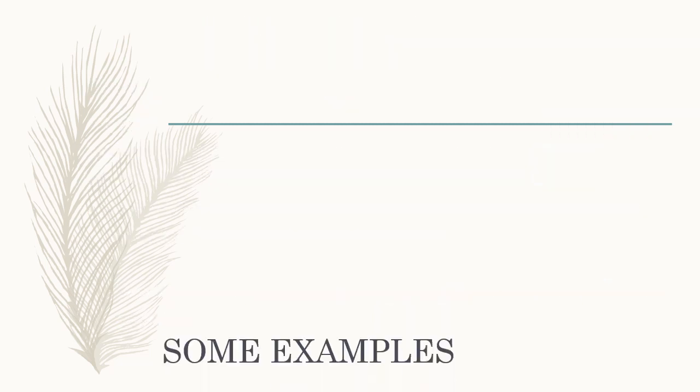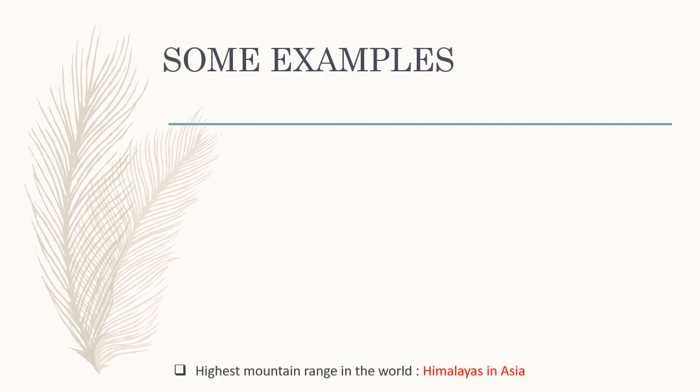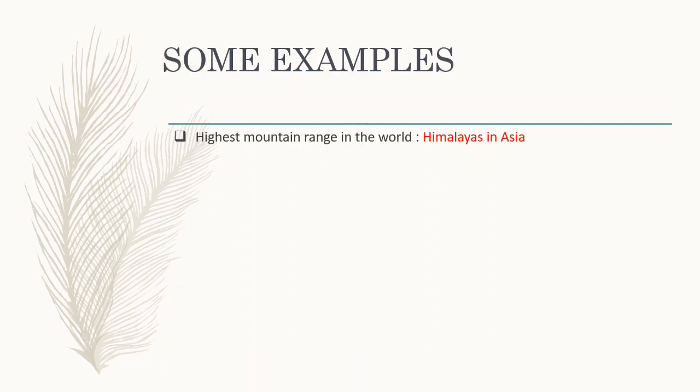Let us see some examples. The highest mountain range in the world is the Himalayas in Asia. The highest mountain peak in the world, Mount Everest, is in the Himalayas and lies in Nepal.